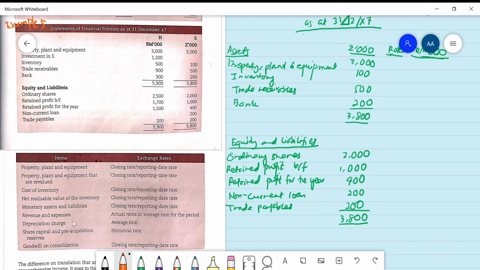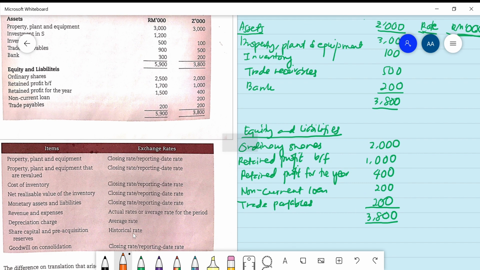Revenue and expenses, and the depreciation charge, are translated at the actual rate or average rate. Share capital and pre-acquisition reserve use the historical rate when it was first bought. Goodwill on consolidation is at the closing rate.